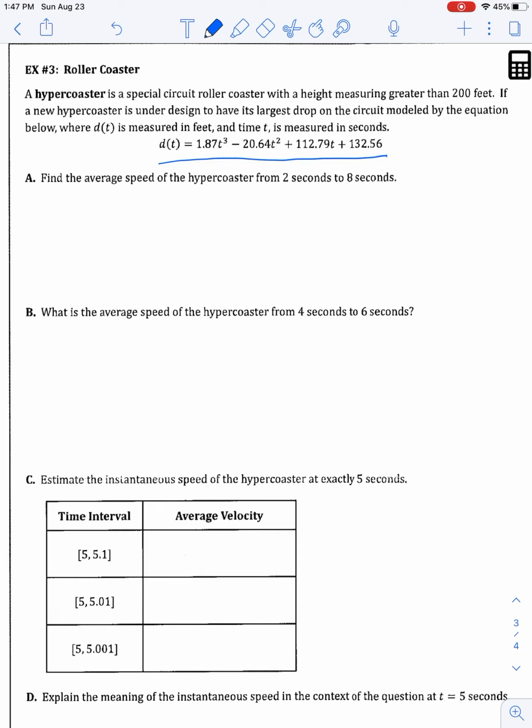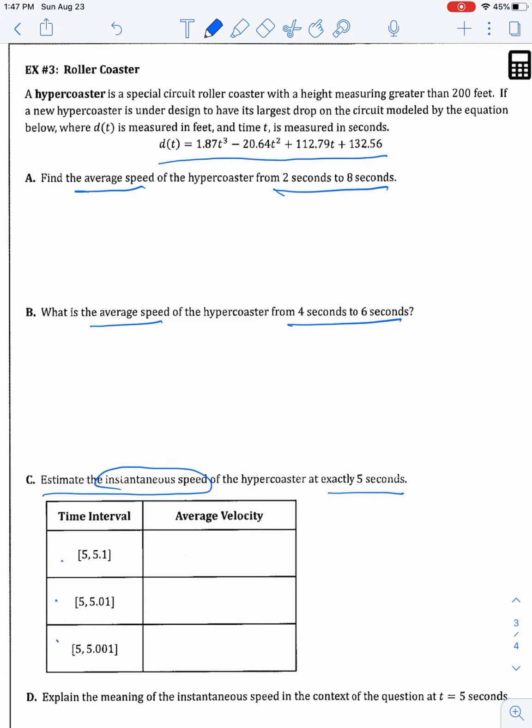hypercoaster. So I want to find the average speed from 2 to 8 seconds. I want to find the average speed from 4 to 6 seconds. Now, honestly, those are both things my Math 1 kids could do. They know that average speed means average rate of change, and they know that means slope. Part C says estimate the instantaneous speed at exactly 5 seconds, and they were very nice and gave me the intervals.